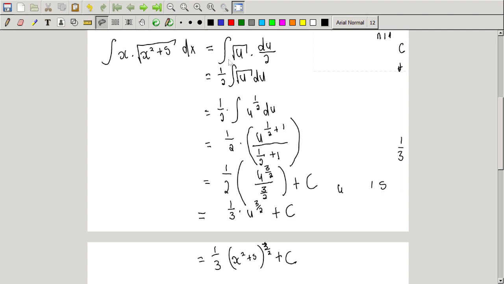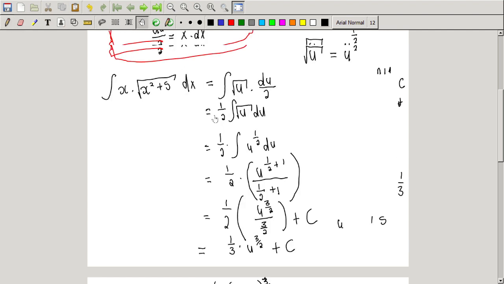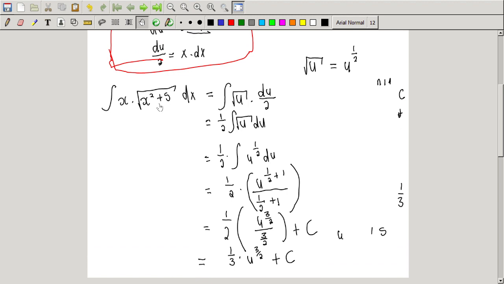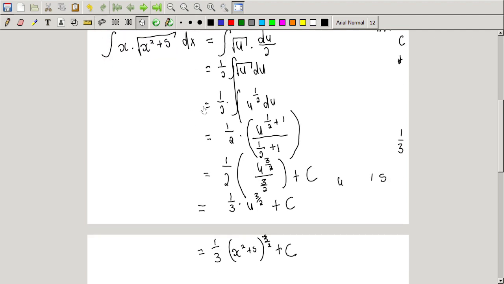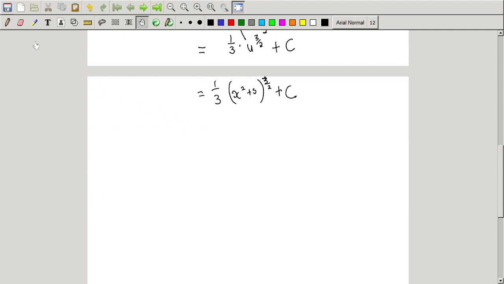So now, since in the first method I let u be the component of the composite function, in the second one I'm going to let u be equivalent to the entire composite function. I want to test if it works, but it will definitely work.